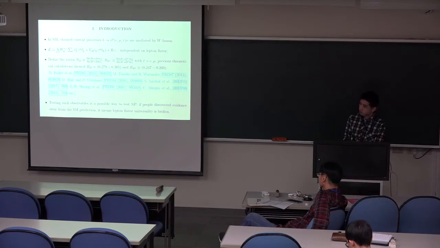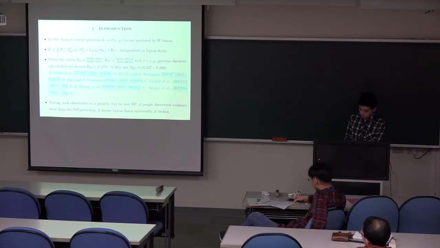We can see that the coupling is independent of the lepton flavor, so we call it lepton flavor universality. Define the ratio R_D(*) like this. It is the ratio of the two branching ratios, B to D tau nu over B to D l nu, or replace D with D star.